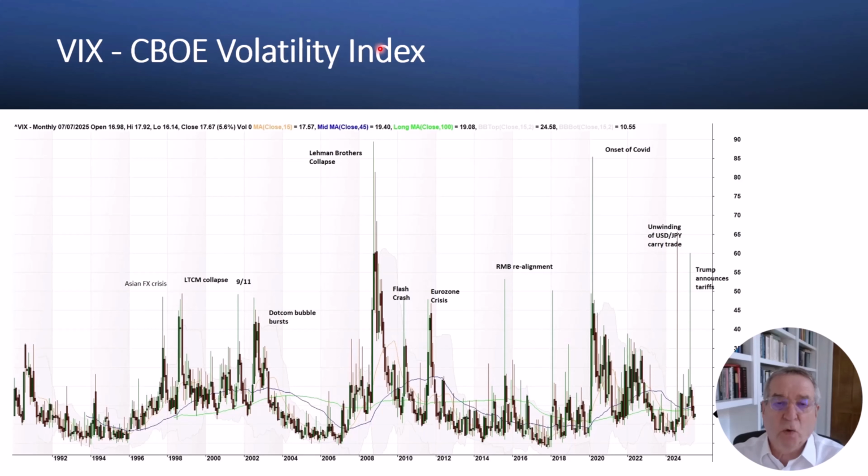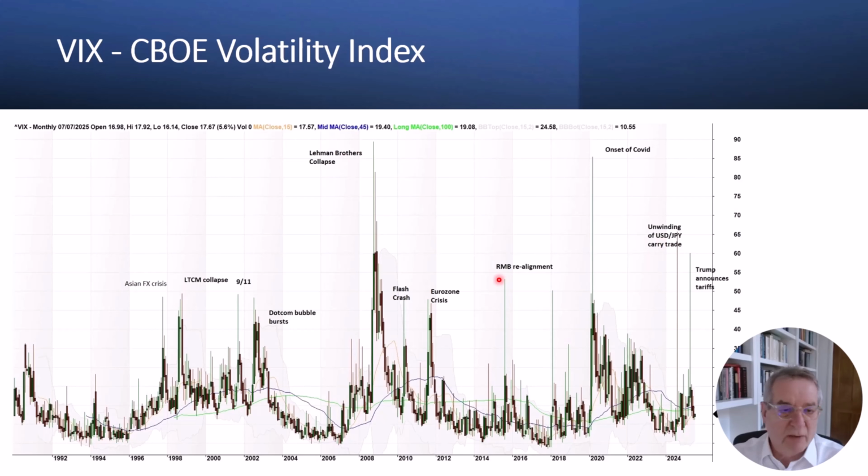Sometimes this is actually called the fear index. So this goes all the way back to 1990. This index can be monitored in real time. And in fact, you can actually speculate on the VIX. There are, for example, futures contracts on the VIX.